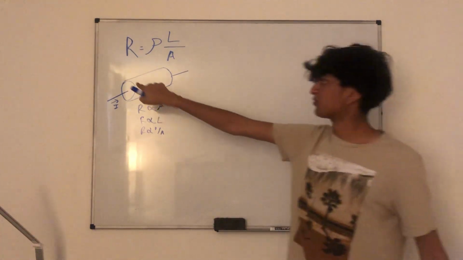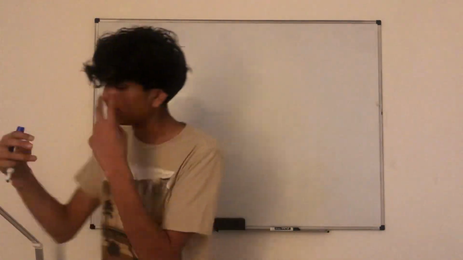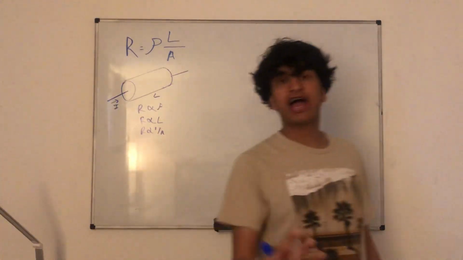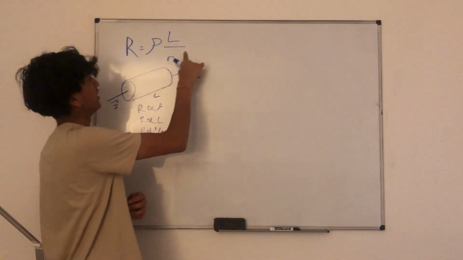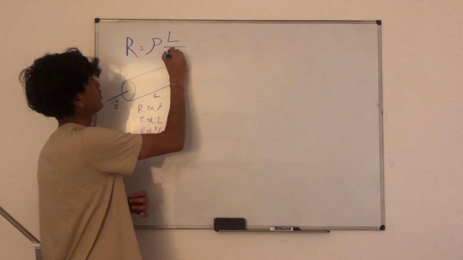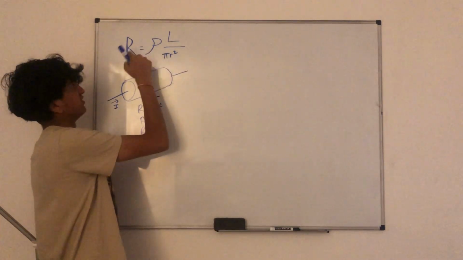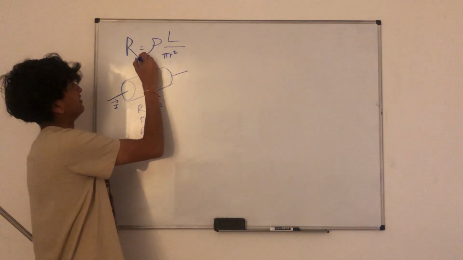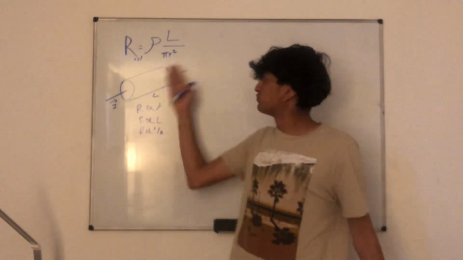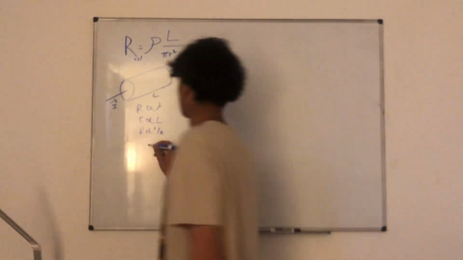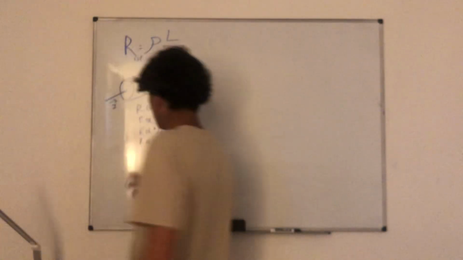If I double the radius of this guy, my area changes by a factor of 4. Why? Because area is pi r squared. Obviously, this isn't the general equation. This is the resistance of a cylinder, and for a cylinder the area is pi r squared. So now the resistance is proportional to 1 over r squared.